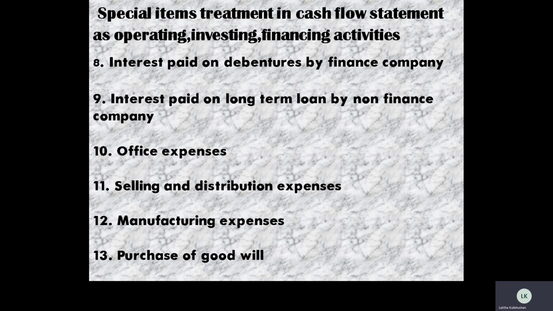The reason is that the finance company's core business activities are related to lending and borrowing of funds, shares, debentures, loans etc. So in such a situation, if it's a finance company, interest paid will be its operating activity.